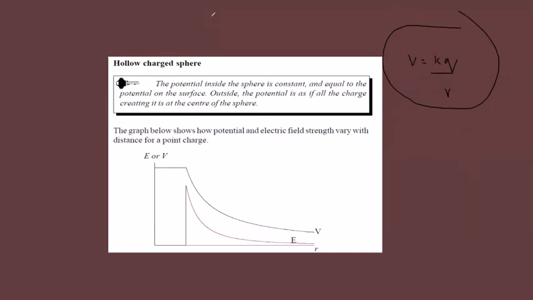Constant voltage means the same work done per unit charge is there. But when you move away from the sphere, the work done per unit charge decreases. Because I have to do the same work to reach the surface. But once I reach the surface, the work done per unit charge decreases because the electric field strength is also decreasing.